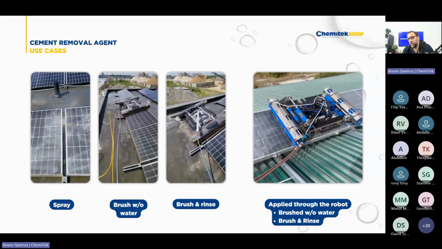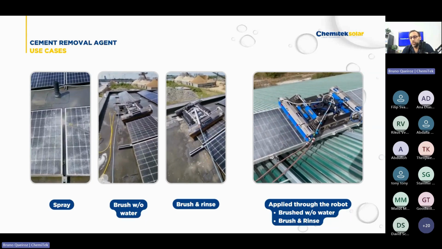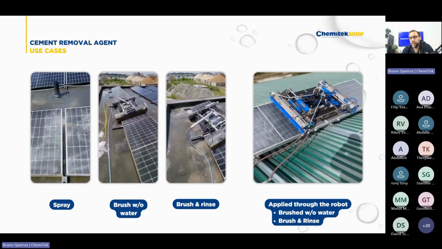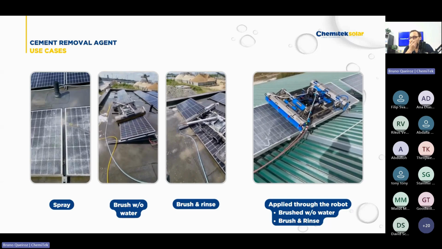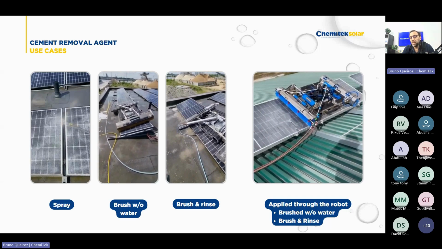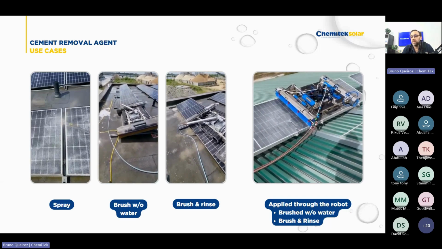Or you can use the robot to apply the product. In this case, this is a Sunex robot on a plant in Spain, where they use the robot as the sprayer system. They had two hoses, one going to the front brush, the other going to the back brush, and they chose when they were applying the product and when they were brushing and rinsing.